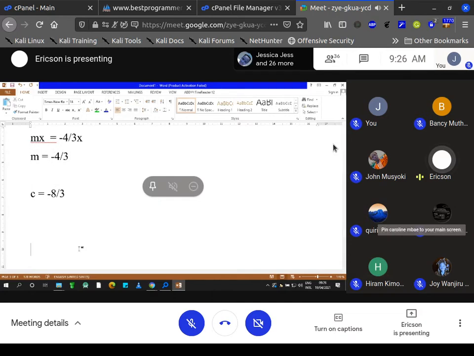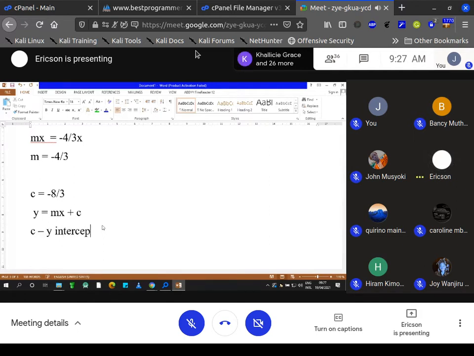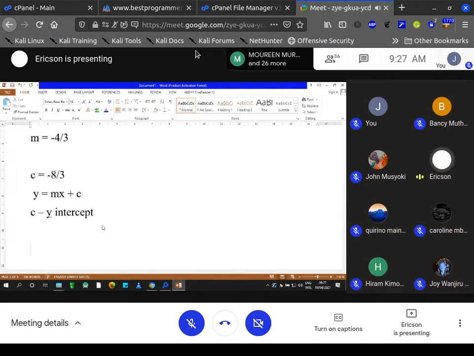In the equation y equals mx plus c, c represents the y-intercept, and m represents the slope, or gradient. M is the slope or the gradient.